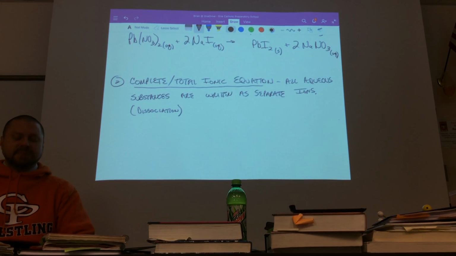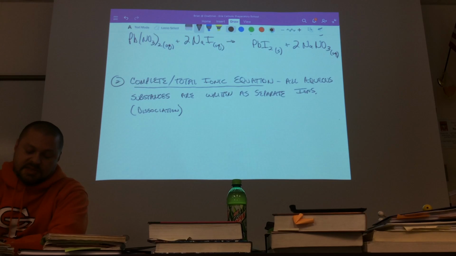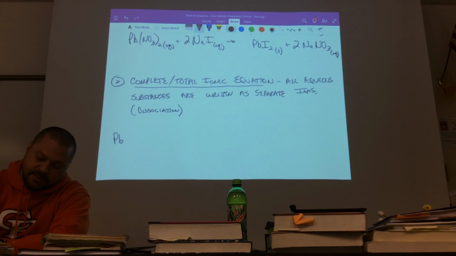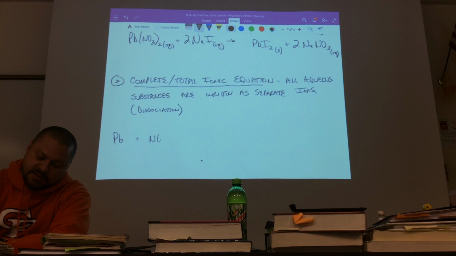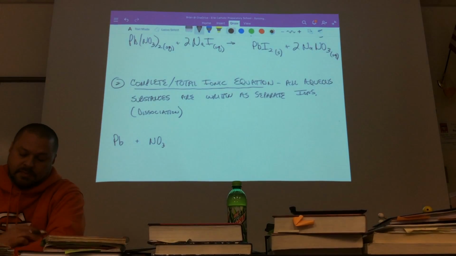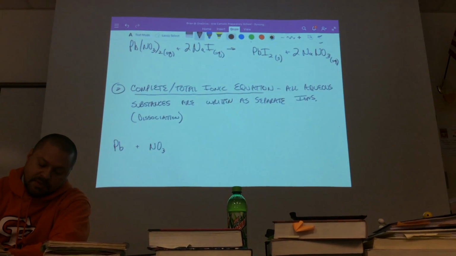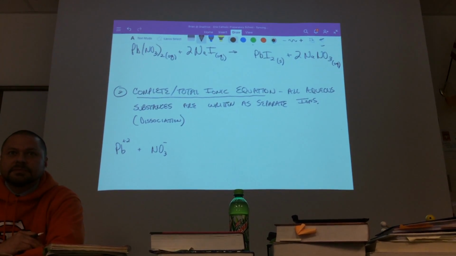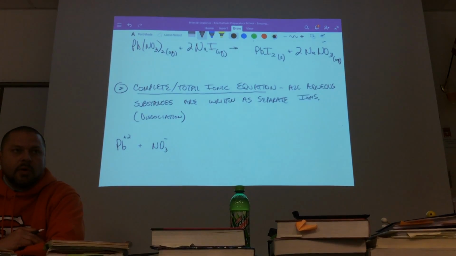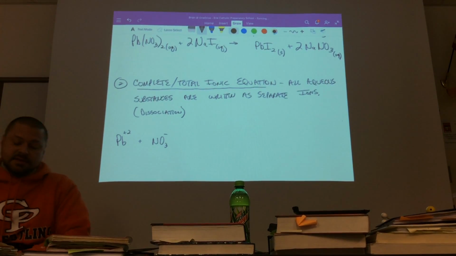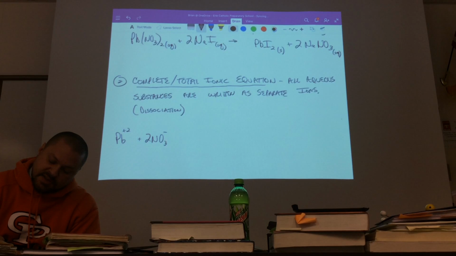Just like yesterday. So, for instance, what's this Pb(NO3)2 going to break up into? It's going to break up into Pb's and NO3's. Lead has a charge of +2. NO3's have a charge of negative 1. I've got 1 Pb up here, 1 Pb, but I've got 2 NO3's, 2 NO3's, and these things are both aqueous.